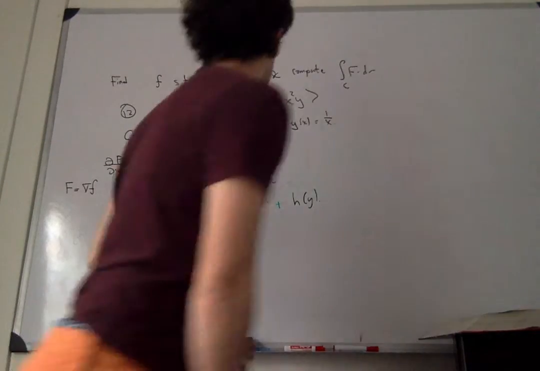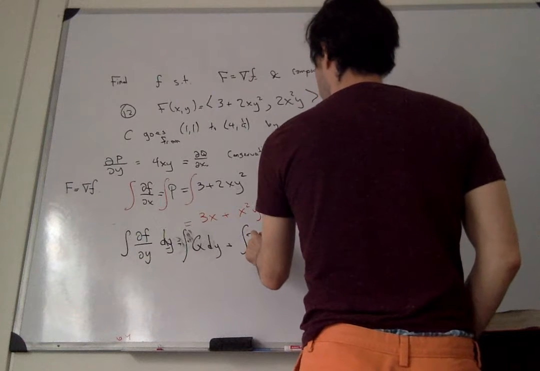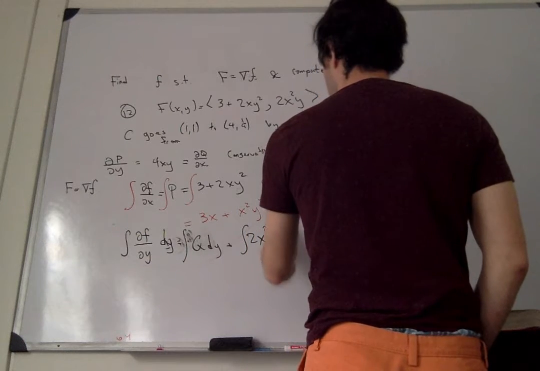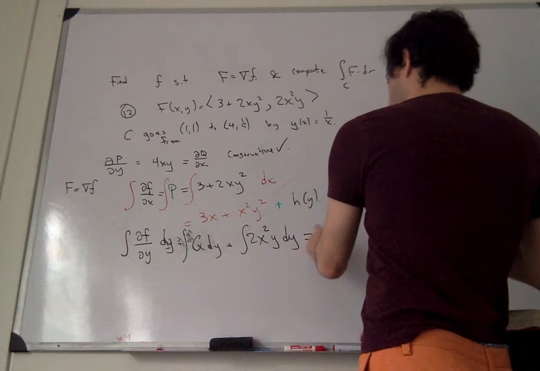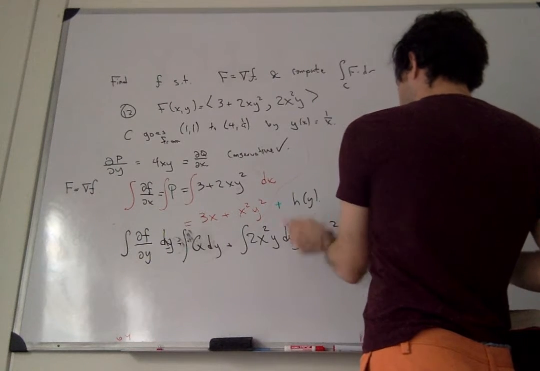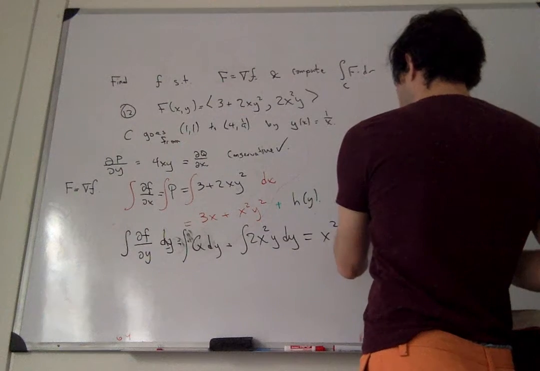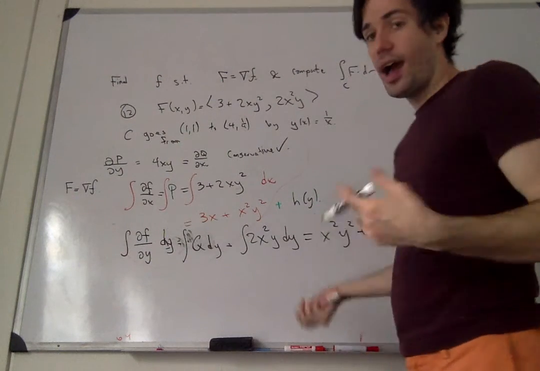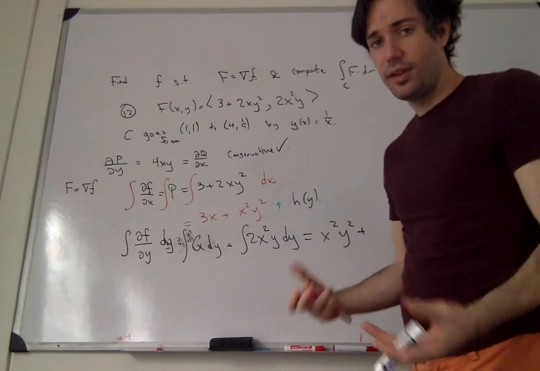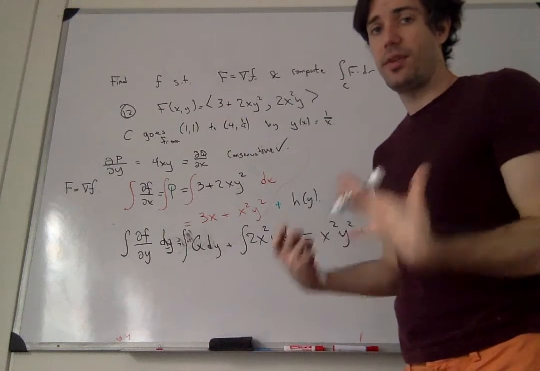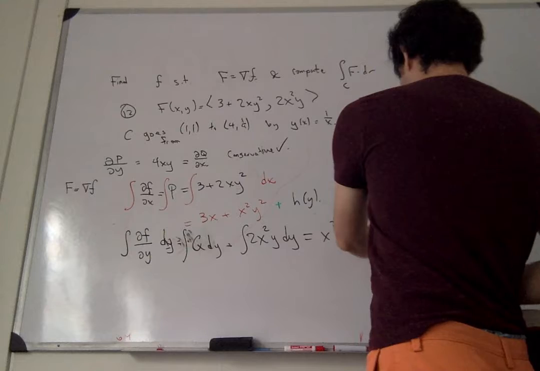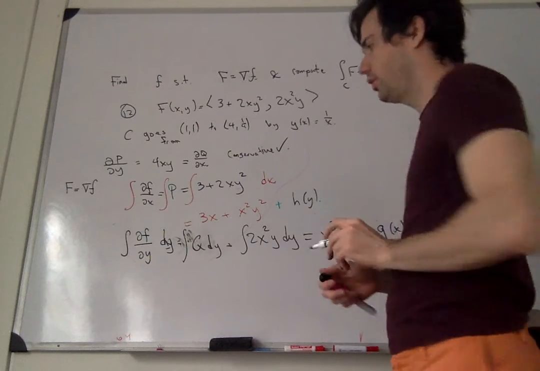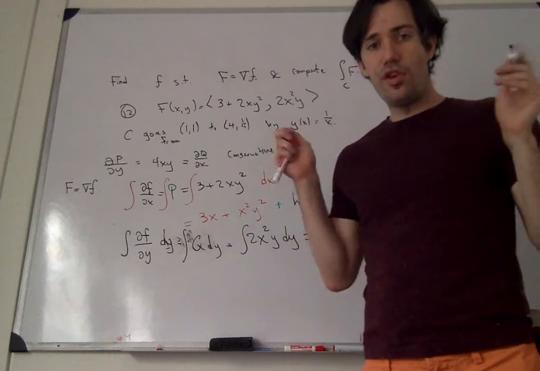Now what is Q? Q is 2x squared y. I'm doing it with respect to y. Okay, so this is going to be x squared y squared, and again, I don't know what the other stuff is. It could have had other stuff with respect to x, and so I'm going to say that this is g of x.